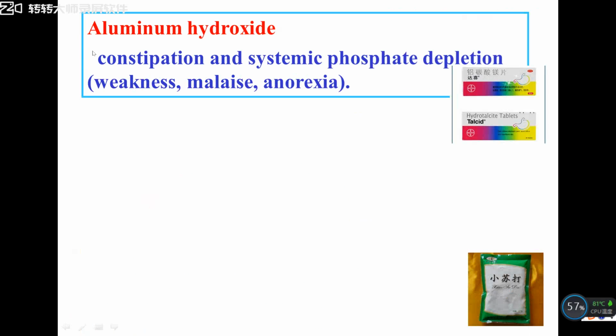Among them, the most widely used drug is aluminum hydroxide. Its pharmacological effect is very simple: neutralization. Its clinical use is also simple, for stomach and gastric ulcer. The adverse effects include constipation and systemic phosphate depletion.